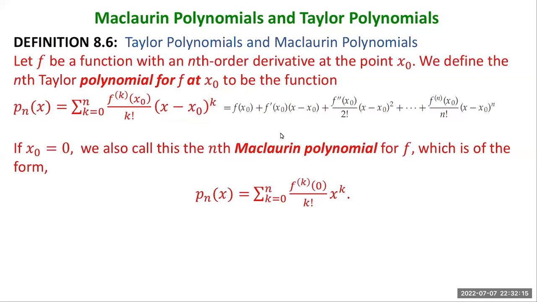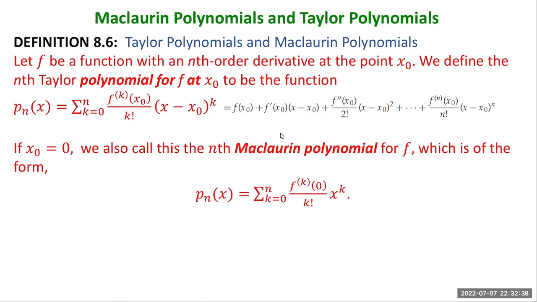Here again, notice that f^(k)(x naught) means the kth derivative of f of x at x naught, because you plug in x naught. That means you take the kth derivative and plug in x naught in the kth derivative. That's what it means. And of course, you know what the factorial is. K factorial means 1 times 2 times, you take the product up to k.